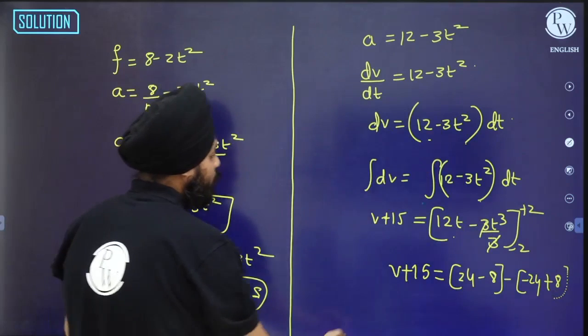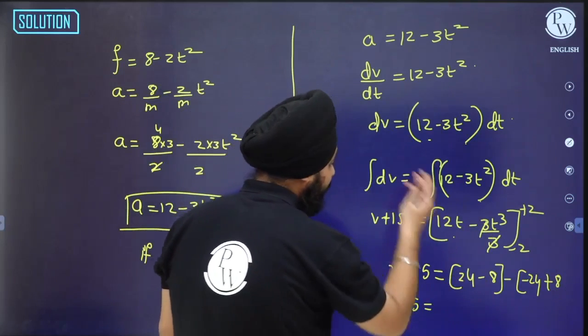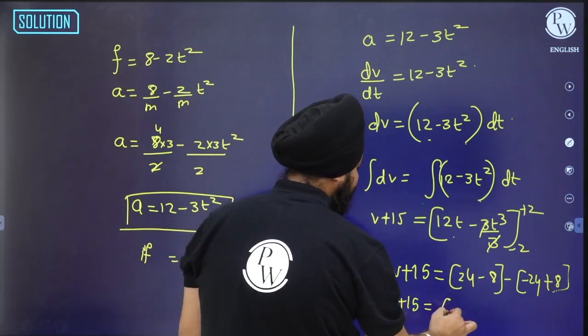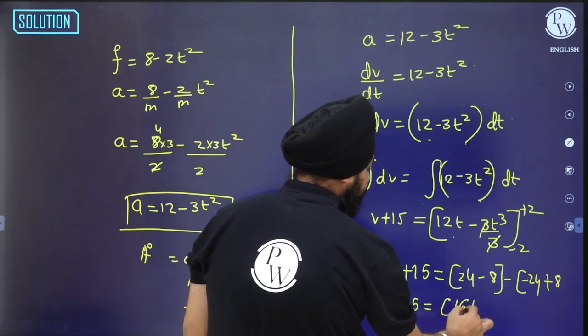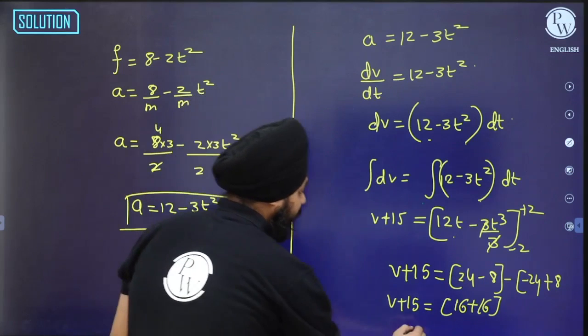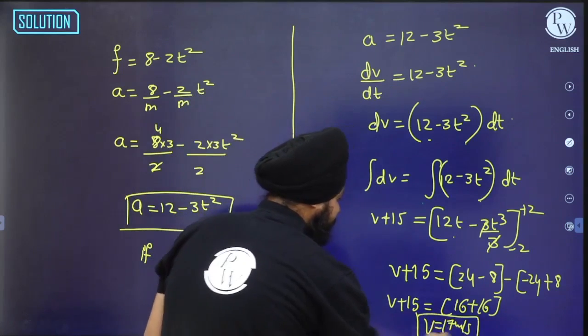So what will happen? v plus 15 is equal to 24 minus 8 minus 24 plus 8. 24 minus 8, we are going to have 16 plus 16, and v we are going to have 17 meter per second. This is our perfect answer.